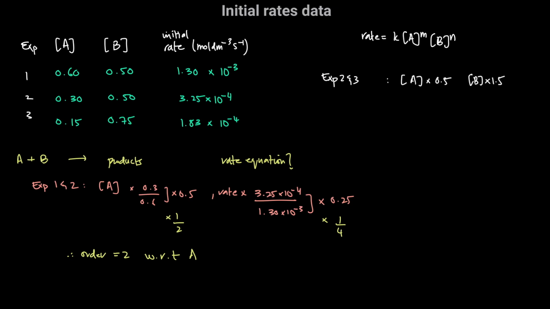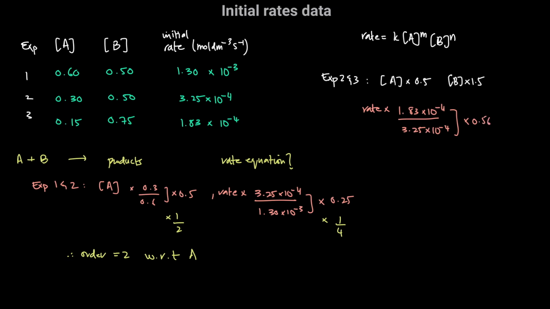And the overall rate changes by a factor of 1.83 times 10 to the power of negative 4 divided by 3.25 times 10 to the power of negative 4. So what factor does the rate change by over here? The rate changes by a factor of 0.56.